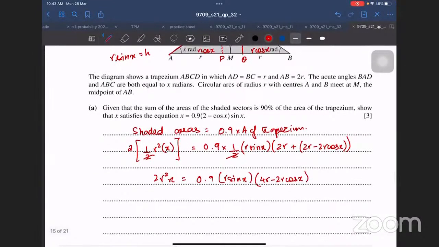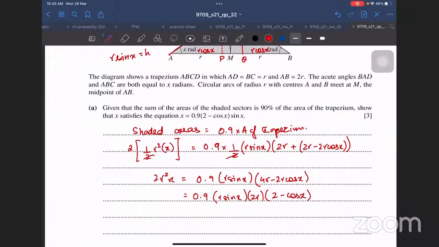Okay. 0.9 has to stay out common, so I'll keep that. I can see r squares. I can pull out 2r common out of this. So I'm left with 2 minus cos x.